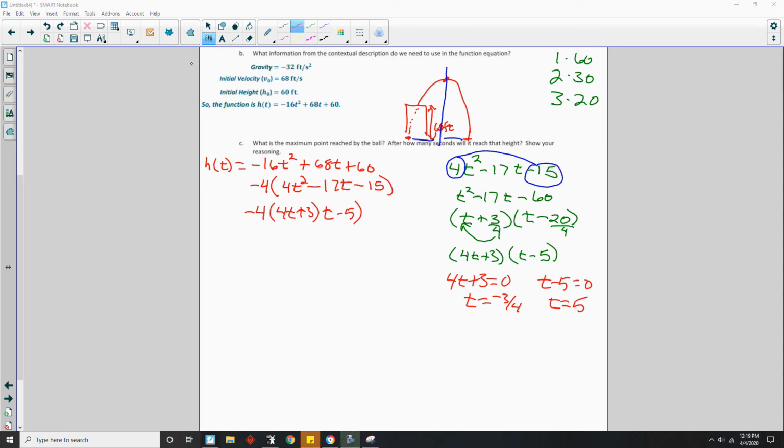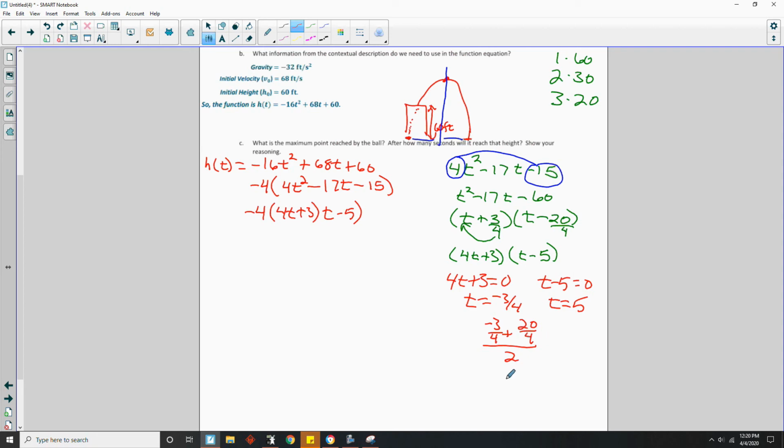Okay, so now we want to find the midpoint between negative 3/4 and 5. Well, remember that midpoint is the sum of the 2 points divided by 2. So negative 3/4 plus, and since I'm adding fractions, how about I make this a fraction? It'd be 20/4. 20 divided by 4 is 5, right? So now I have negative 3/4 plus 20/4 divided by 2.